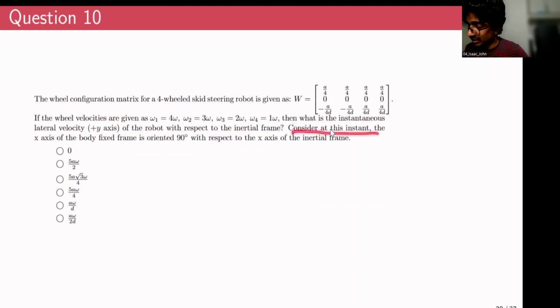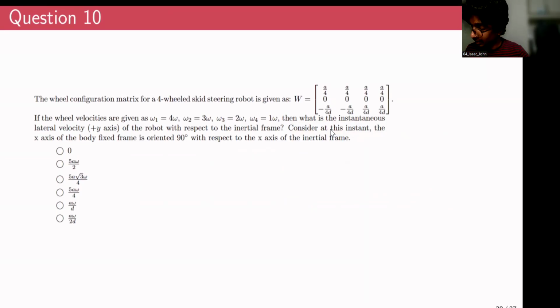So consider at this instant the x-axis of the body frame is oriented 90 degrees with respect to the x-axis of the inertial frame. Right?